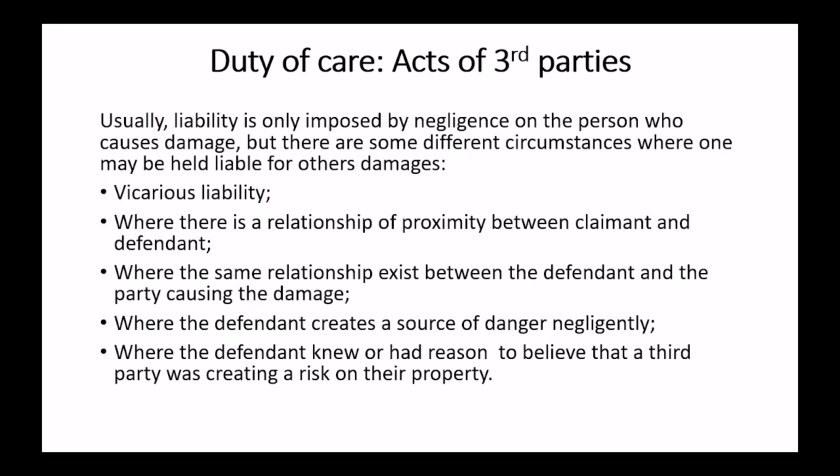Number two, where there is a relationship of proximity between claimant and defendant. Three, where the same relationship exists between the defendant and the party causing the damage, that's the tortfeasor. And where the defendant creates a source of danger negligently. And finally, where the defendant knew or had reason to believe that a third party was creating a risk on their property.